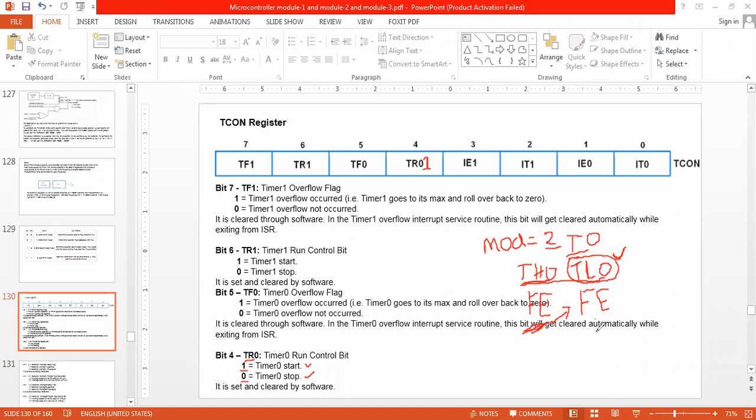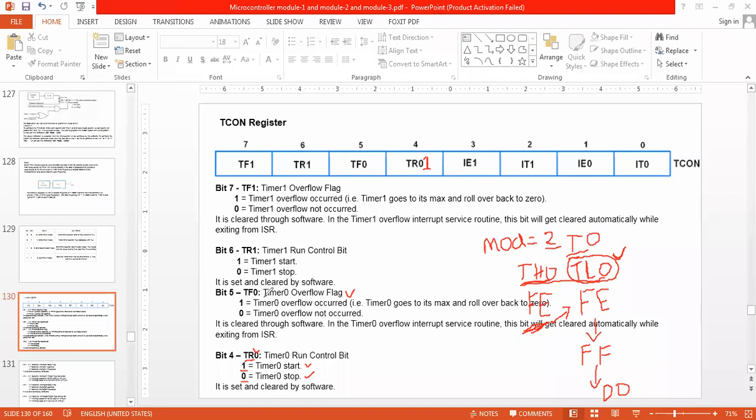First it will be incremented by 1, FE will come to FF. What will be the next value? 00.